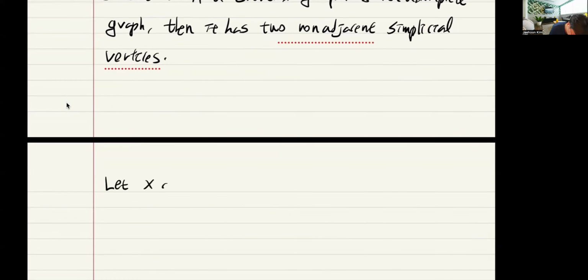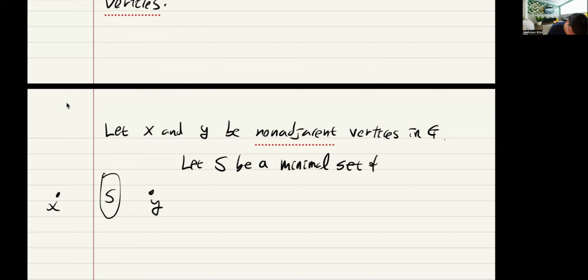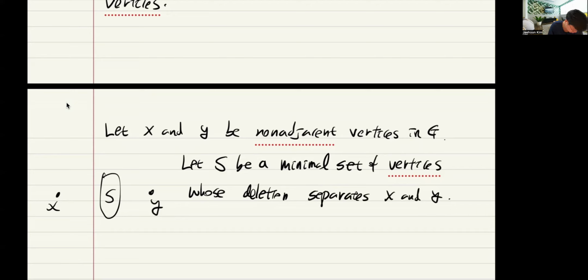So otherwise, let X and Y be non-adjacent vertices in G. You have X, you have Y. As they are non-adjacent, you can find a separating set S, a minimal set of vertices whose deletion separates X and Y. Because they are not adjacent, such a thing exists.